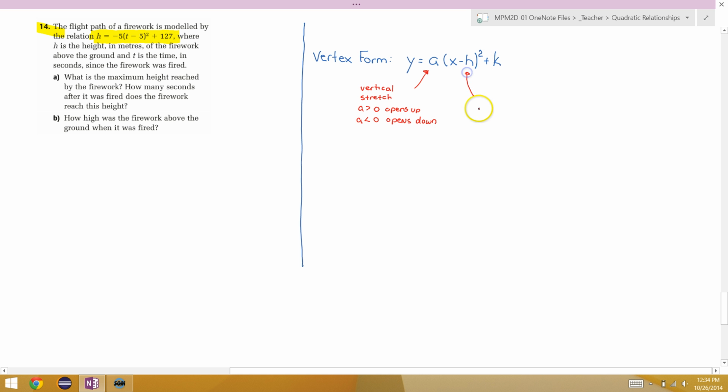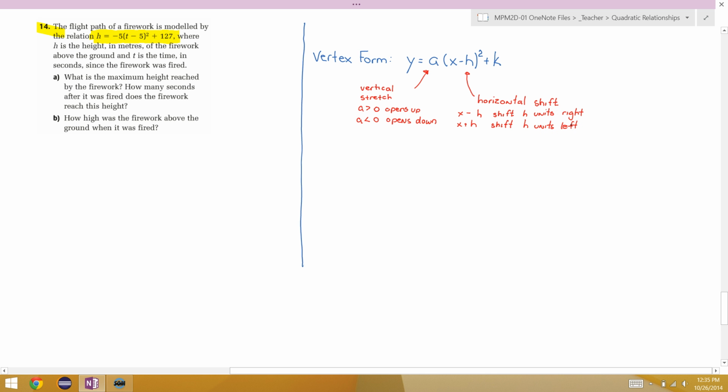h is what's called the horizontal shift. If we have x minus h, we shift h units right, and if we have x plus h, we shift h units left.